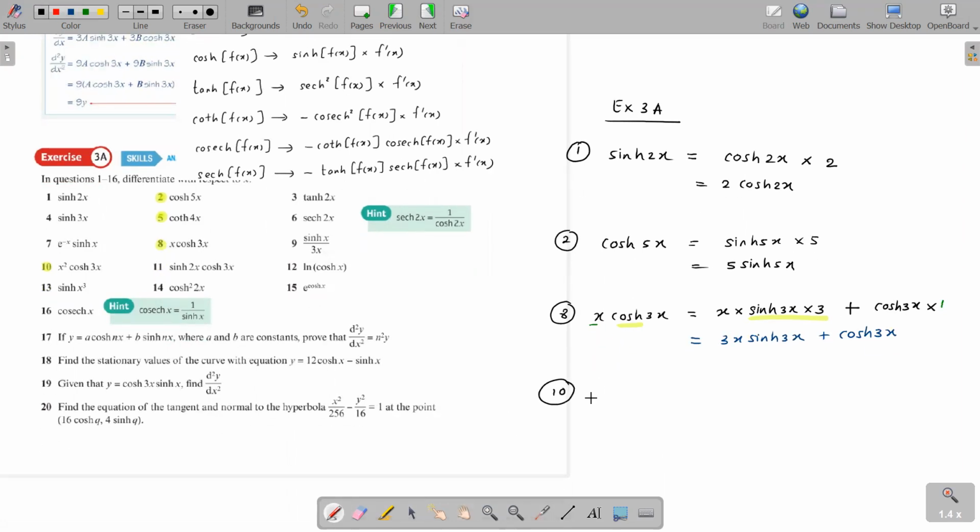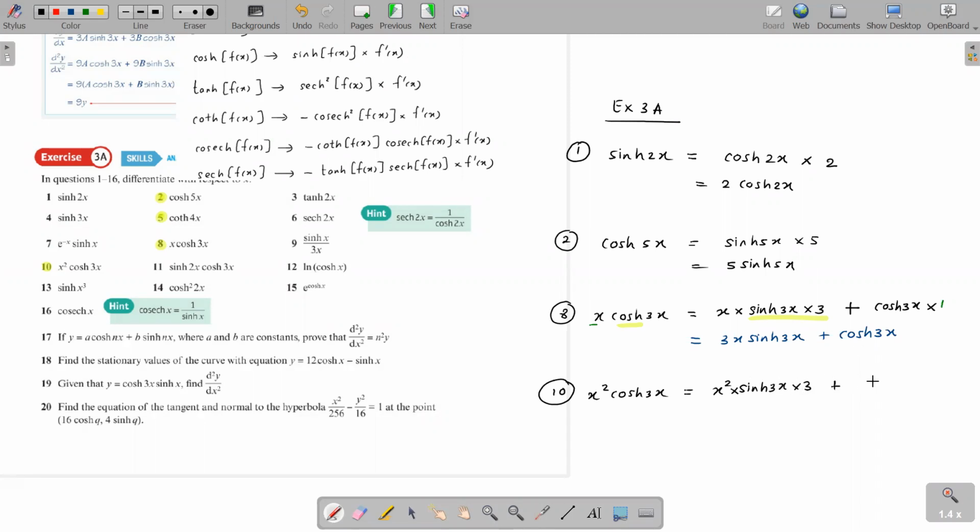In the 10th one, it's again the same thing, right? x square cos 3x. So basically here again the product rule: x square stays while cos 3x differentiates to give you sine 3x into 3, the differentiation of 3x.